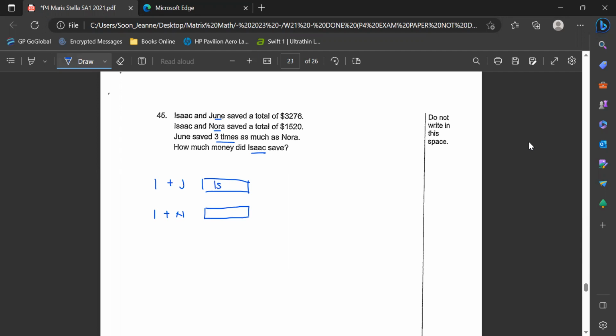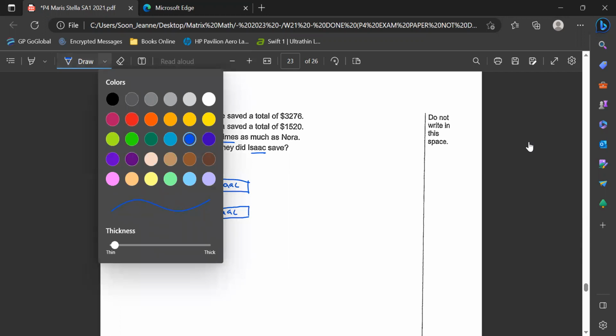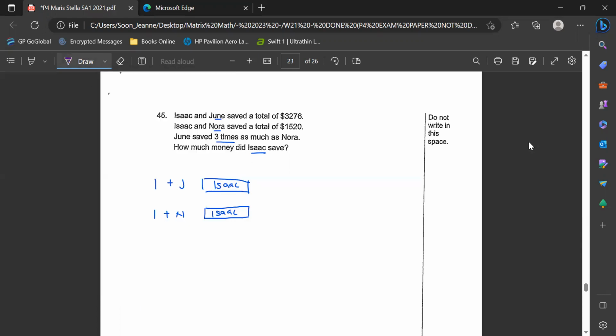The difference is actually between the two girls, June and Nora. June saved 3 times as much as Nora. So for June, I'm going to use 3 units, and 1 unit to represent Nora.